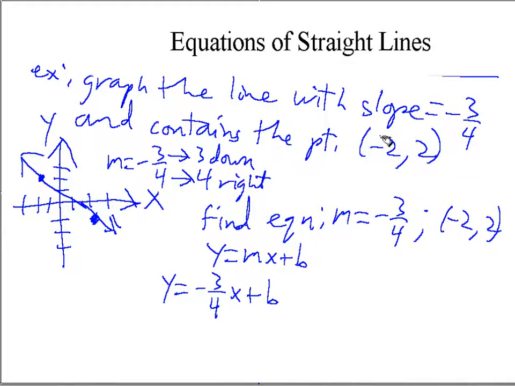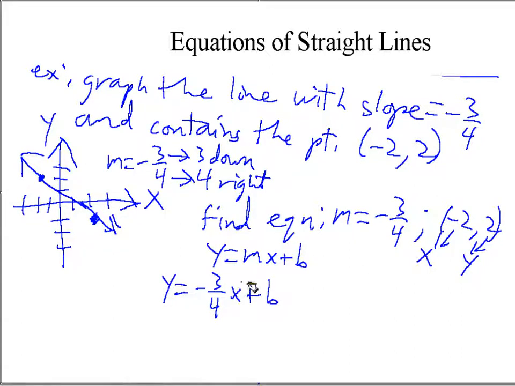Since we're told it's on the line, it must make the equation true. So I can use these two numbers for x and y in this equation. I can plug in negative 2 for x, the first number, and positive 2 for y.